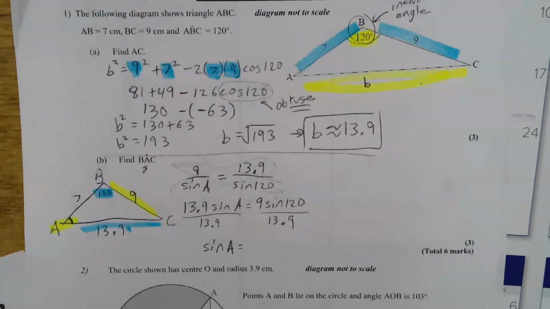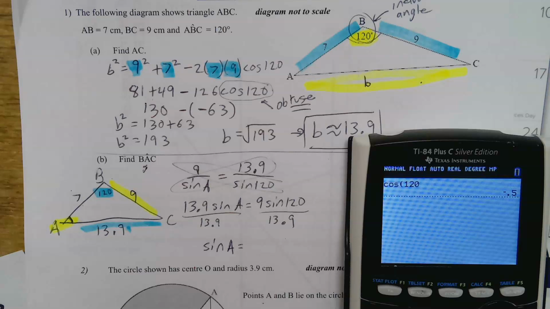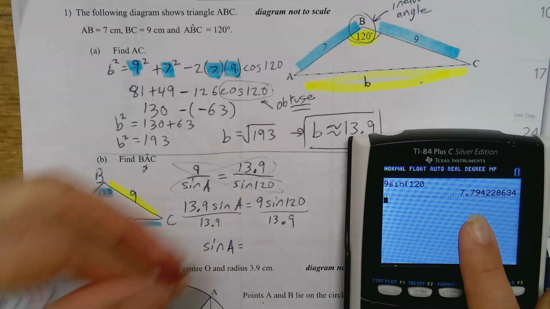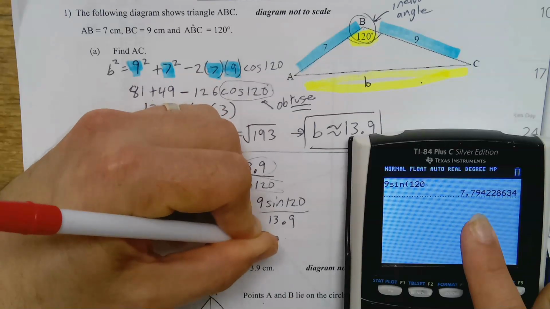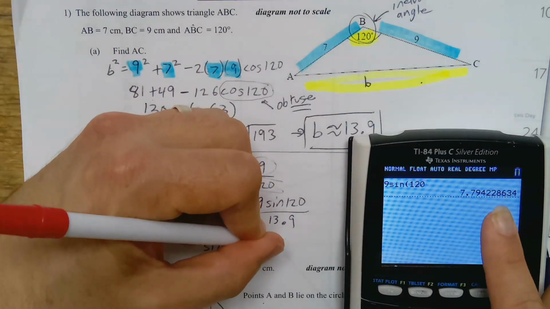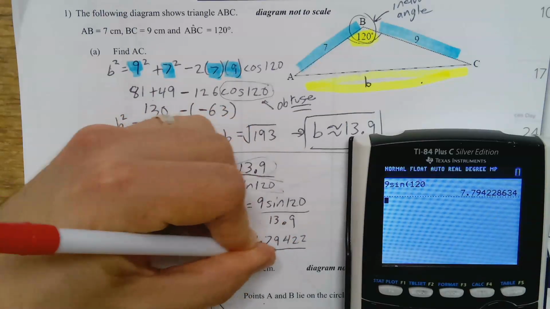So 9 times sine 120 is going to give me 7.7942. That's good enough.